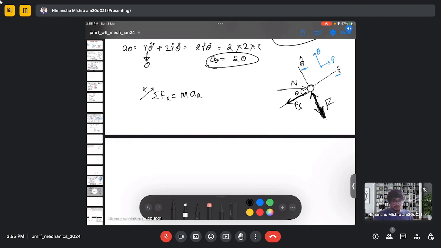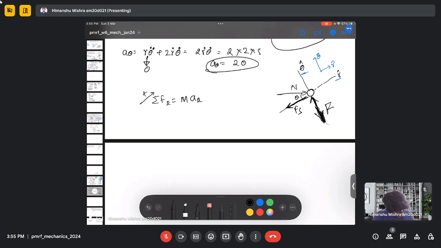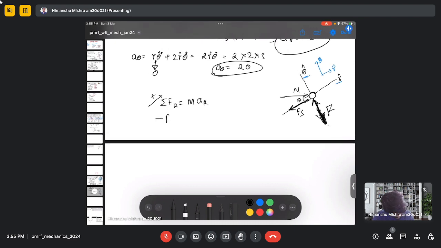So now we have two forces in the radial direction. It will be minus Fs plus N cos theta equals m a_r.